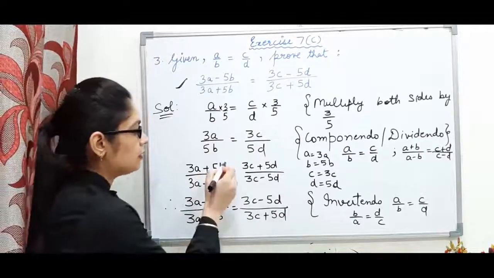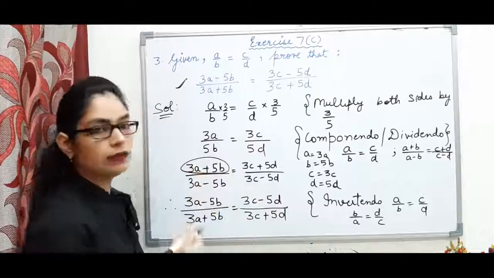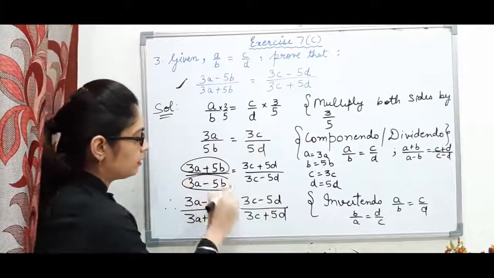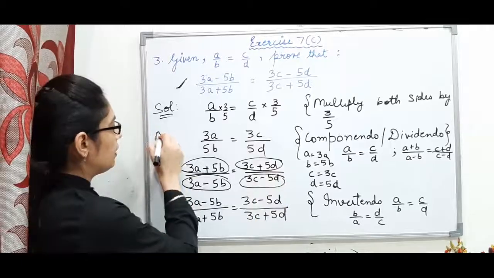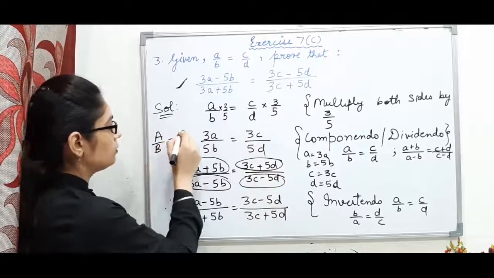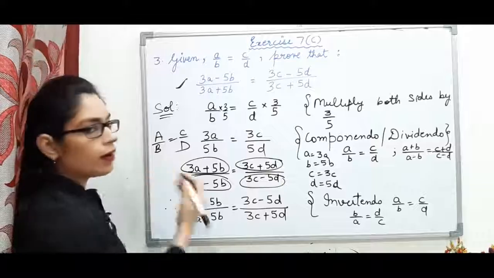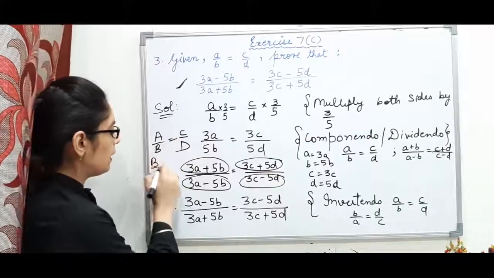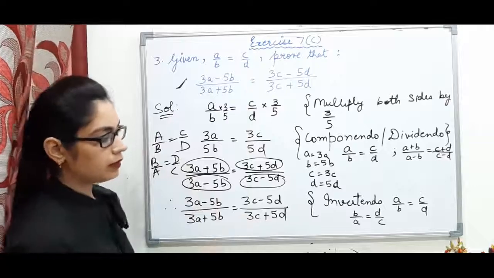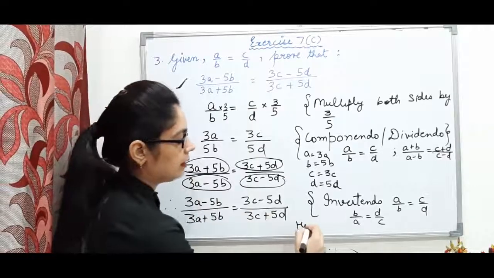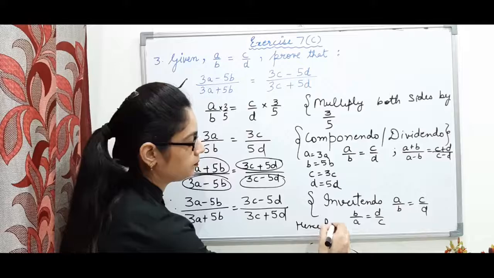If this full expression is a, this full expression is b, this is c and this is d, so if a/b = c/d, then according to invertendo, b/a = d/c. That's what I have done here. So we can write here, hence proved.